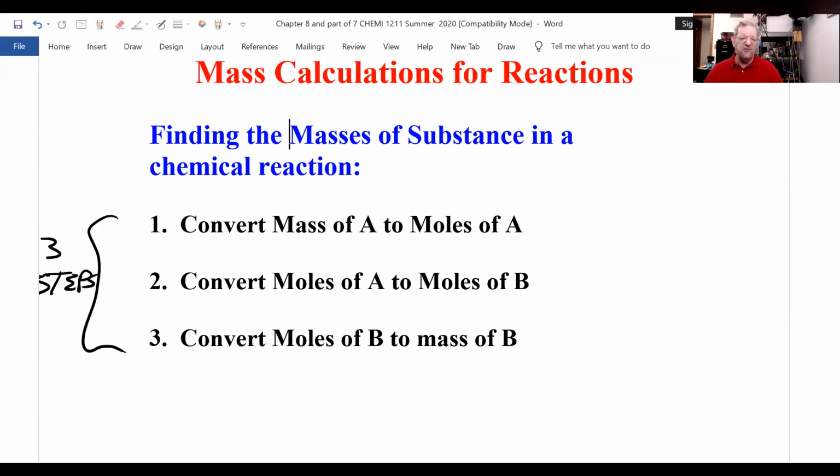You can't do it in 1 step. The first step, whatever you're given the weight of, you convert to moles. You learned how to do that already. Then the second step, whatever you now have in moles, you convert to the moles of what your answer should be. And the final step, now that you have moles of your answer, you convert that into grams of your answer. So it takes 3 steps.